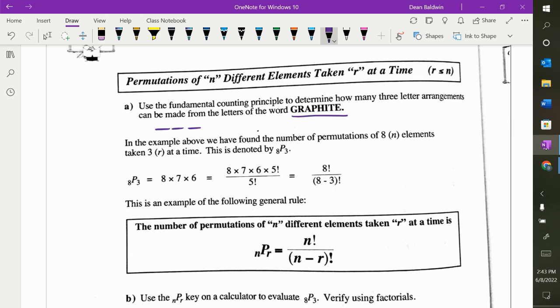So how many choices do I have for the first spot? 8, and then 7, and then 6. And what's 8 times 7 times 6? It's 336.